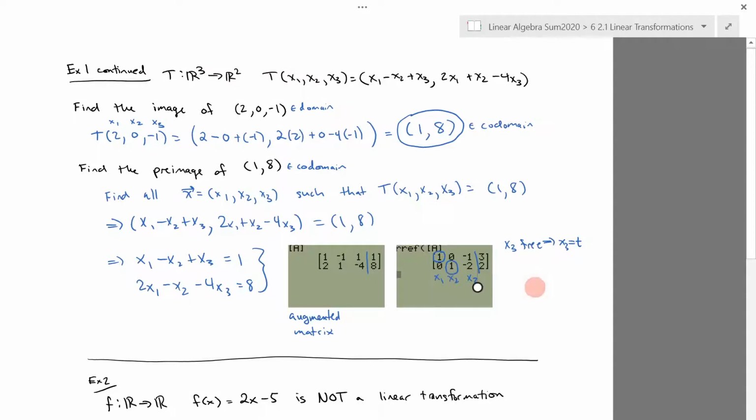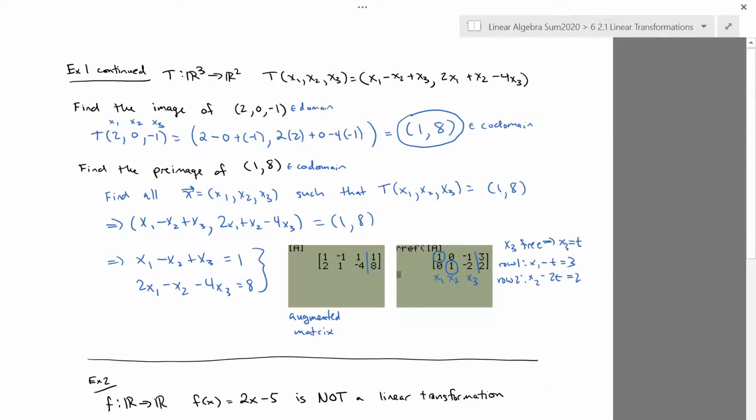Now what do the rows say? Row 1 says that x1 minus x3, which is t, is equal to 3, and then row 2 says that x2 minus 2x3 is equal to 2. Okay, so this gives me x1, this gives me x2, x3 was t.